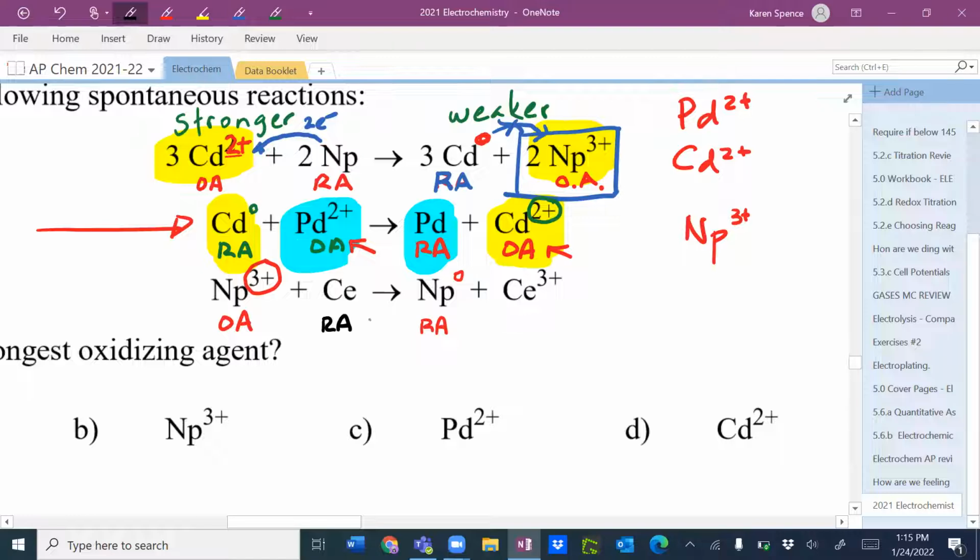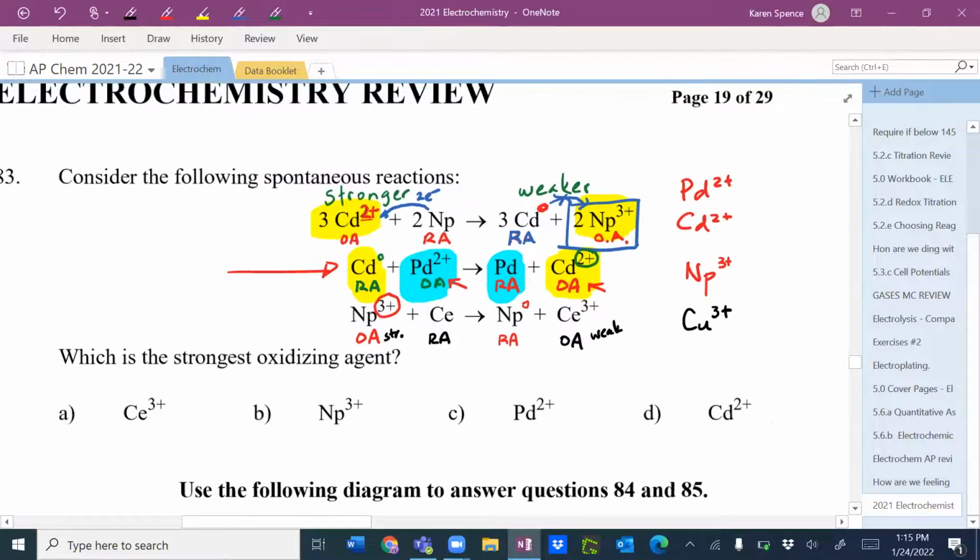And its partner on the other side, CE3+, has to be the oxidizing agent. Because this is going forwards, that means that NP is stronger and CE3+ is weaker. And so CE3+ is weaker than NP3+. So in terms of ranking them, this is our strongest oxidizing agent, and this is our weakest oxidizing agent. And so who is the strongest of them all? Palladium.